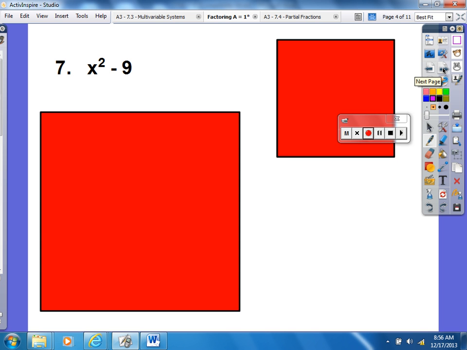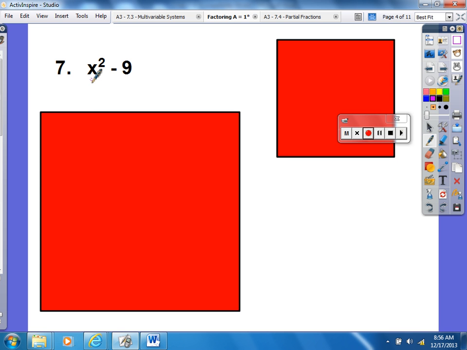All right, let's try this one. X squared minus 9. Now, we're asking ourselves, what 2 things multiply to negative 9, but add to what? What's that middle term? 0. So what 2 things multiply to negative 9, but add to 0? 3 and 3 makes 6. 3 and negative 3.